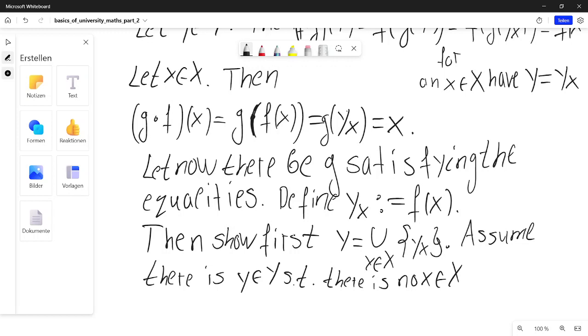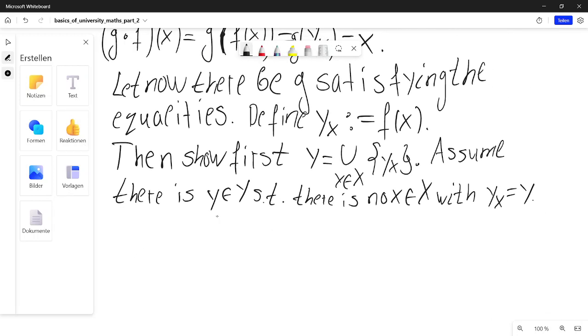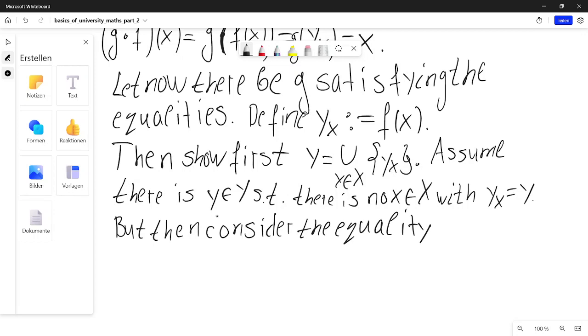There is no x in X such that there is no element x if y_x equals y. Alright. Then consider the equality. And of course I could have done it without contradiction. You can think about how it is very easy, but now I'll do it with contradiction.